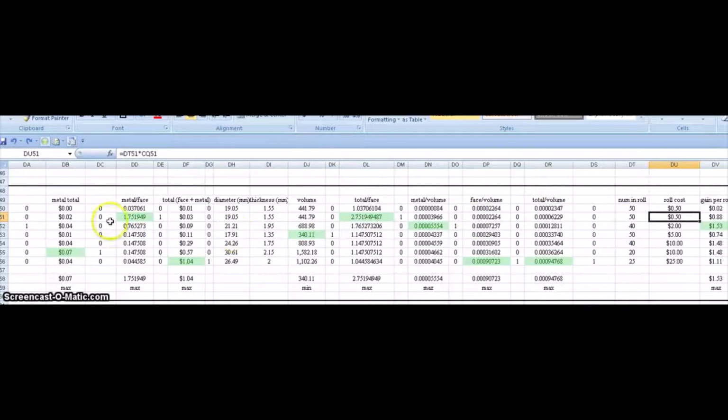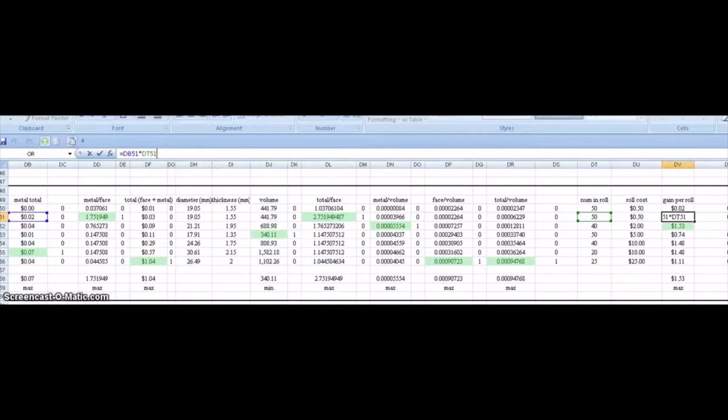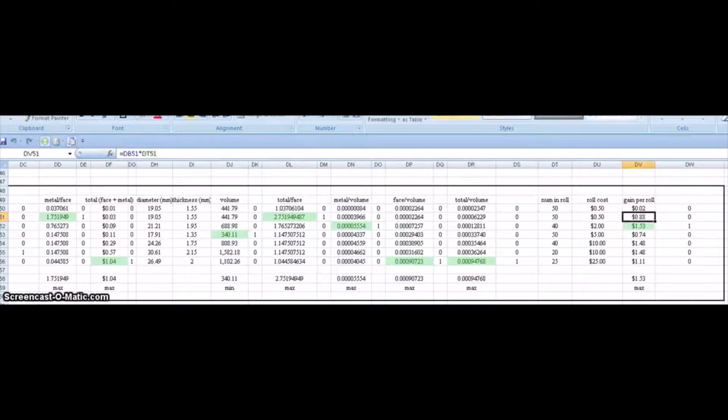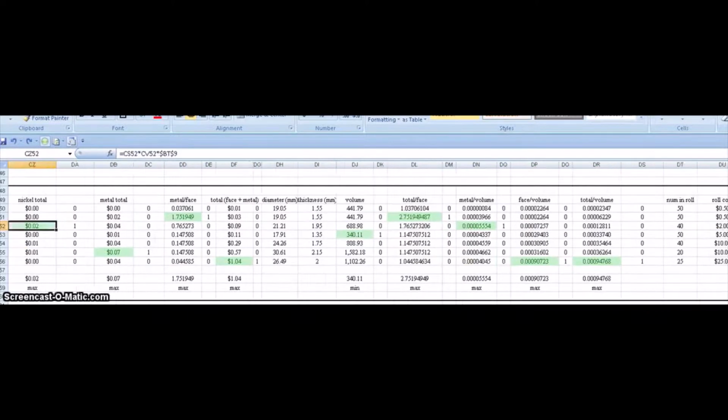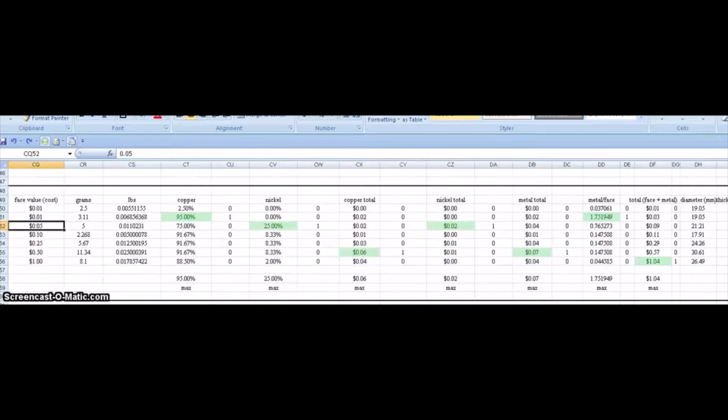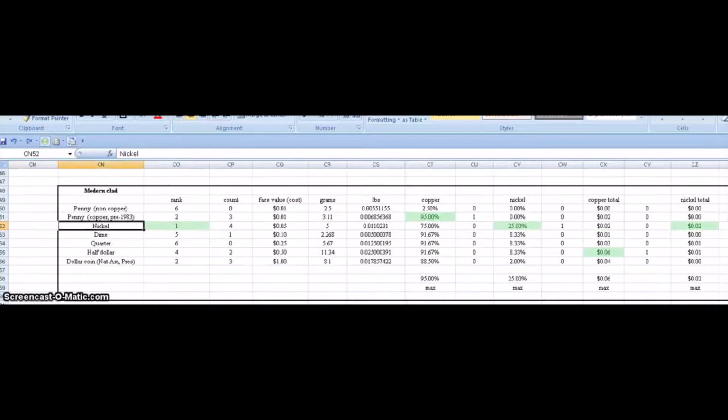So your gain is the value of the metal times the number of coins in the roll. The winner here for that one is this row, where you gain 153 per roll if you buy a roll of nickels, I believe. Yeah, nickels.